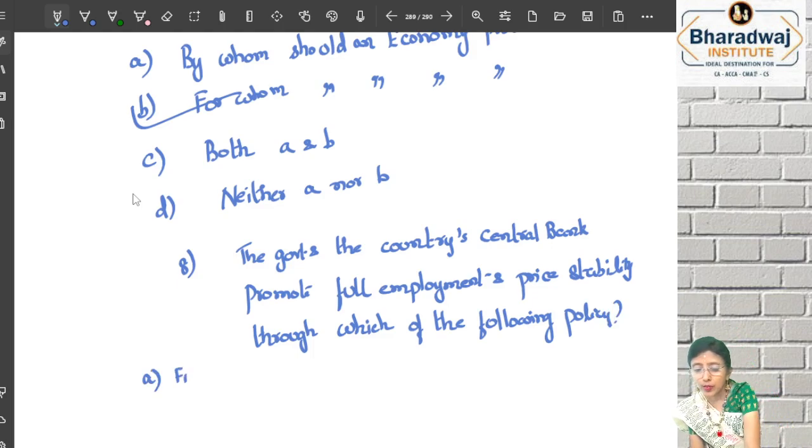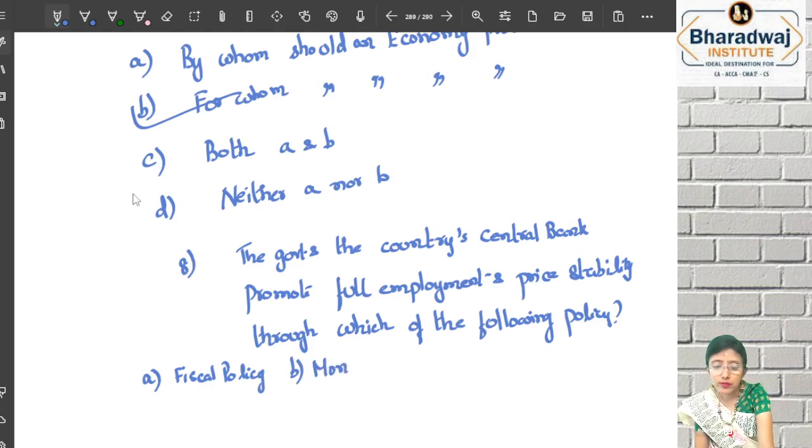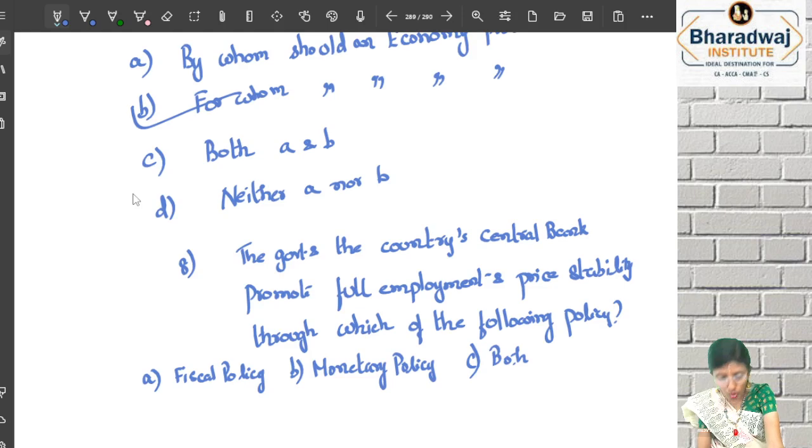A. Fiscal policy. B. Monetary policy. C. Both A and B. D. Neither A nor B.